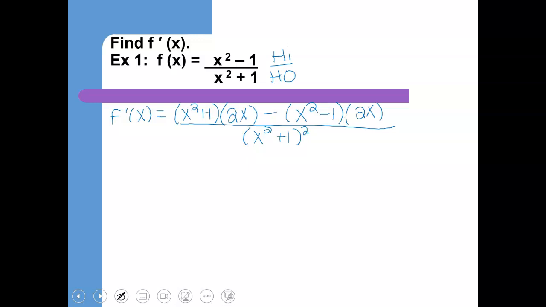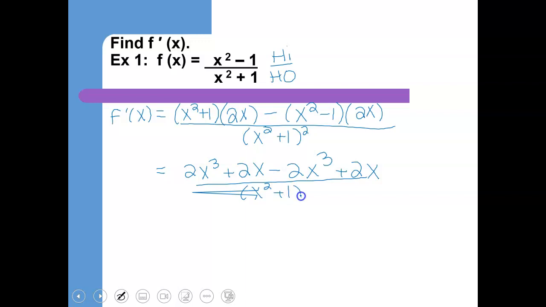Distribute, simplify. So you have 2x cubed plus 2x minus 2x cubed plus 2x, all over, and you have to write it every time, x squared plus 1 squared. The 2x cubed cancel. 2x plus 2x is 4x over x squared plus 1 squared.